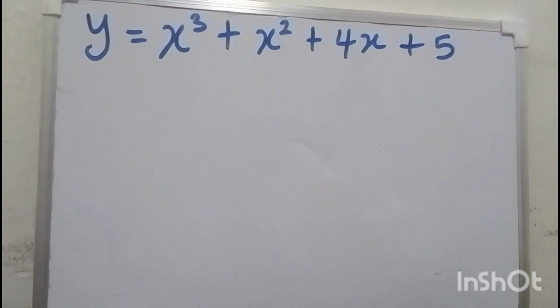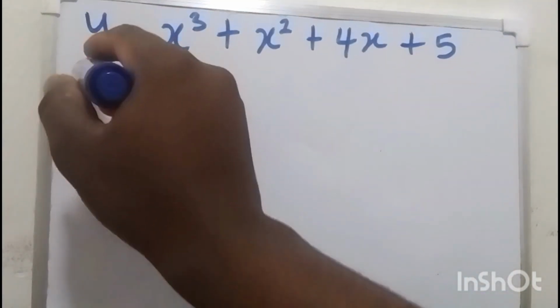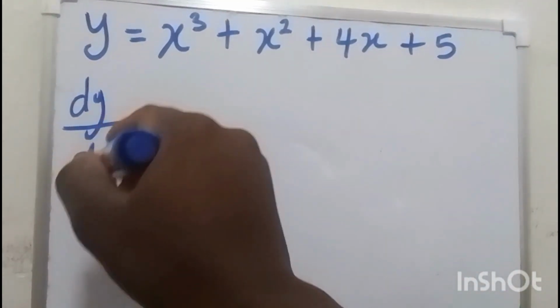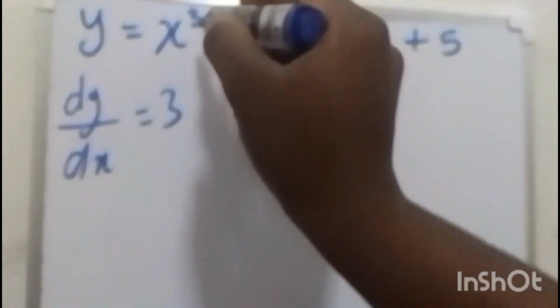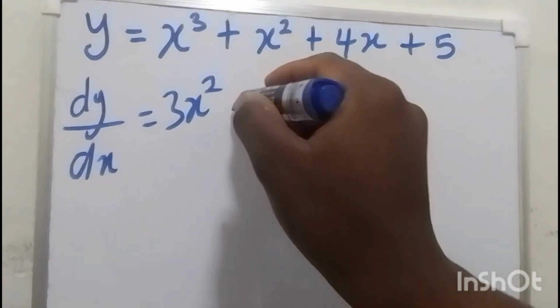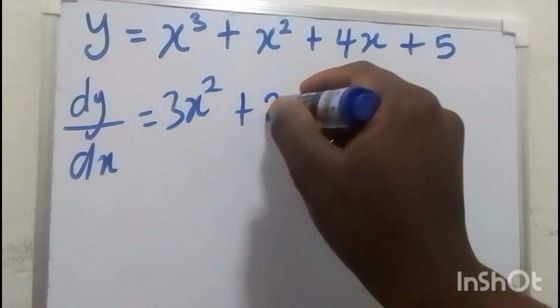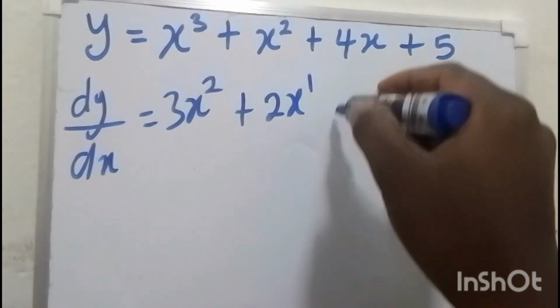This is a great example of a polynomial. So we can differentiate this, which is quite easy. dy dx. 3 multiply 1, which equals 3. x and 3 minus 1, which gives us 2. Plus 2 multiply 1, which gives us 2. x, 2 minus 1 will give us 1.